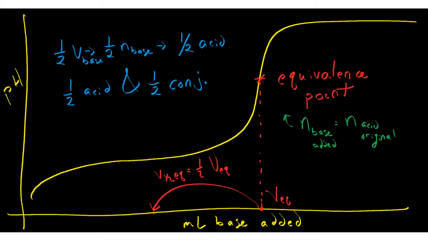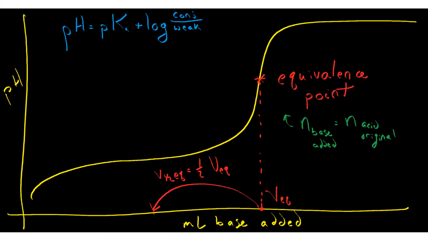And if half of your solution is your weak acid, half of your solution is the conjugate base, well, let's just take a look at the Henderson-Hasselbalch equation. pH equals pKa plus log of the conjugate over the weak acid. Well, if it's half and half, then that means they're exactly equal. And conjugate over the weak acid would be equal to 1, and log of 1 is 0, so pH equals pKa.